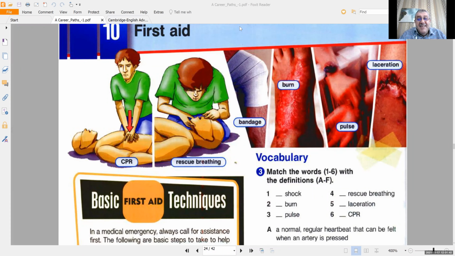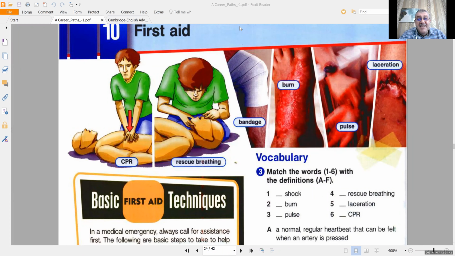Burn is E? A first aid procedure involving providing air for someone who has stopped breathing... No, this is not burn. This is F. Sorry, I said E. F: a physical injury that can be caused by heat. So burn is F, not E.